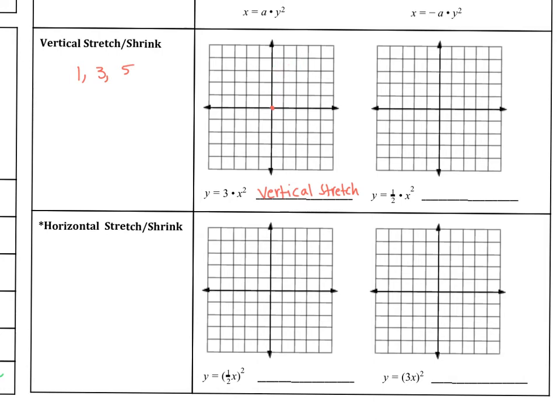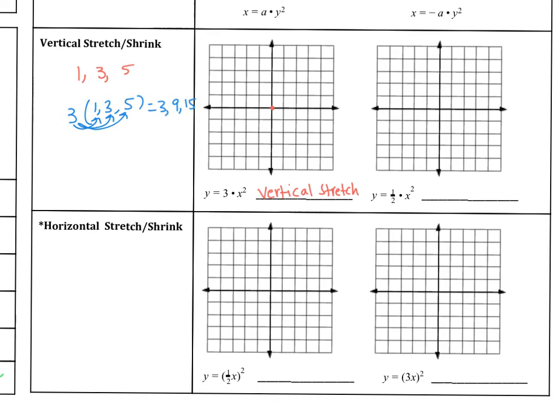Now since this is a different function because it's multiplied by 3, we are going to use the same pattern, but we are going to multiply it by 3. So our points are going to rise by these numbers: 3, 9, and 15.